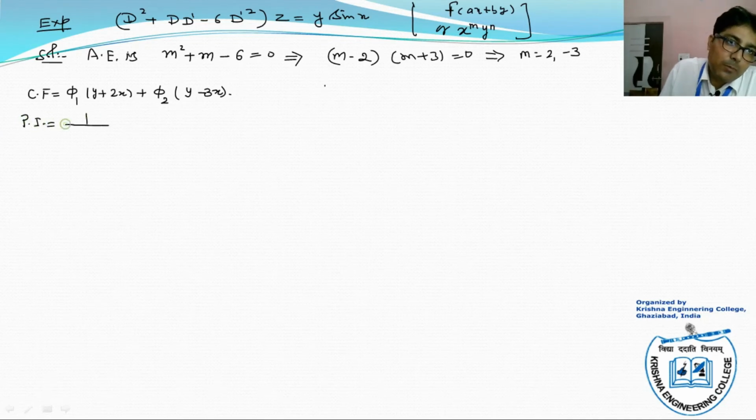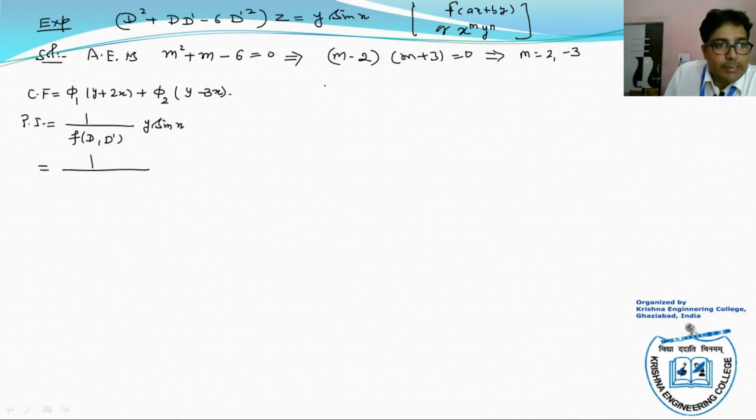The general formula for PI is 1 upon f(D, D') into y sin x. Now we write it in the form of factors.